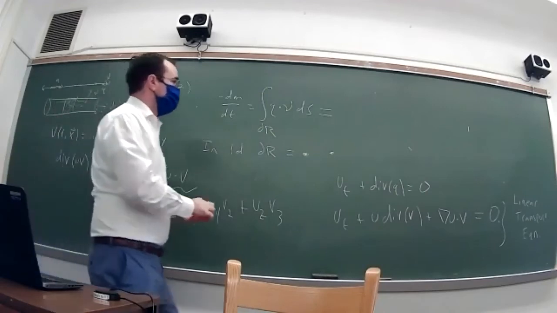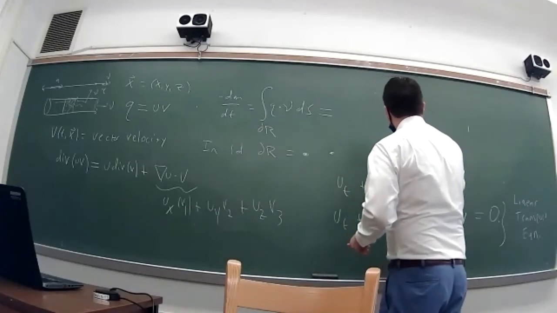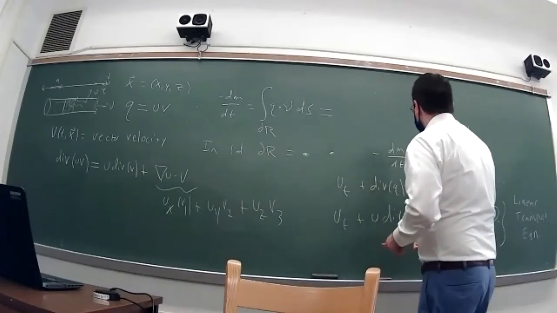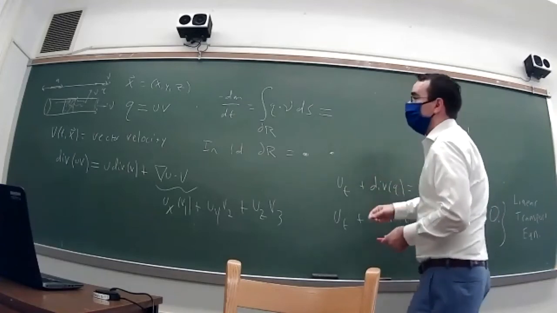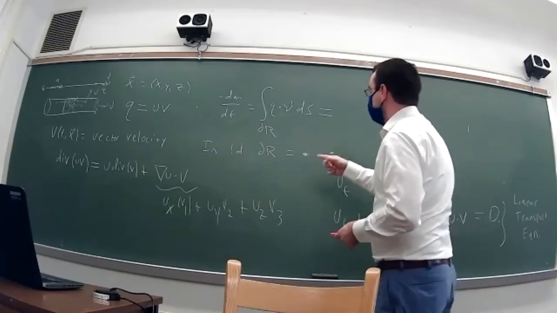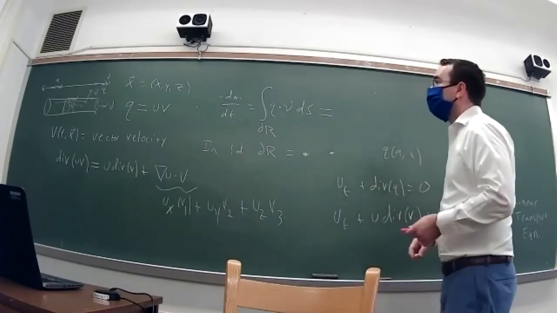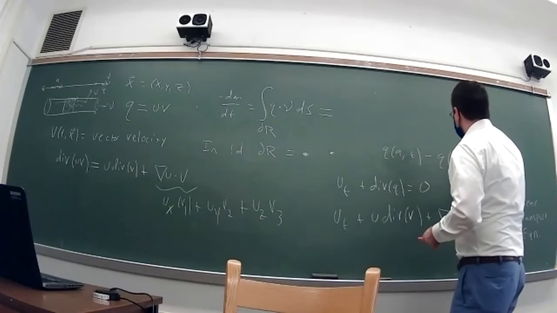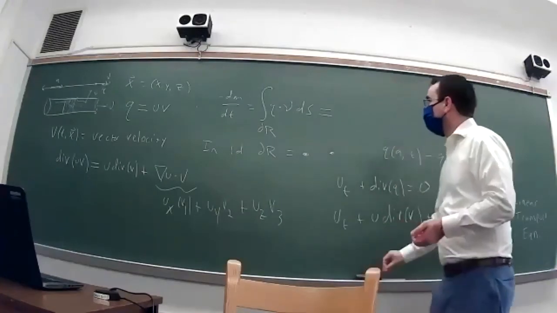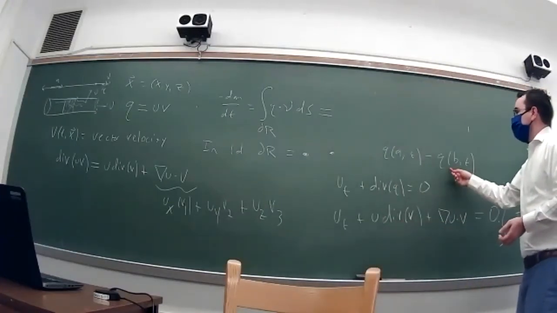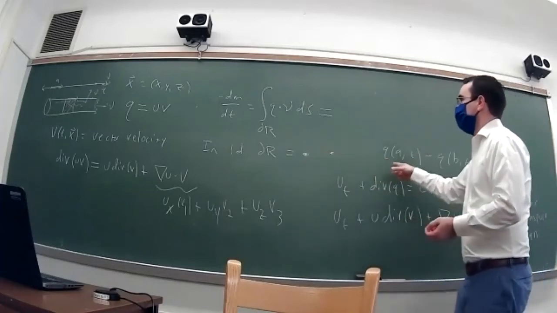And in the 1D case, what did we say? We said dN over dt, the amount exiting, was the stuff going in, which is Q of A, t, minus the stuff going out, Q of B. So this isn't exactly what you get if you just integrate over the two points, which would be adding them together.